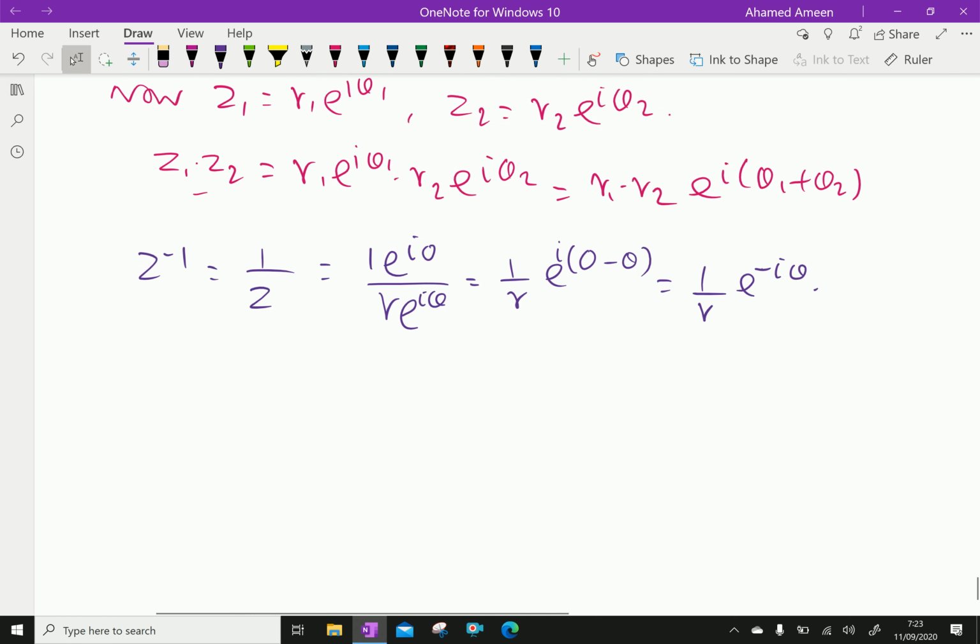One more thing, for z power n, where n is 0, plus or minus 1, plus or minus 2 and so on, we can say in general r power n e power i n theta.